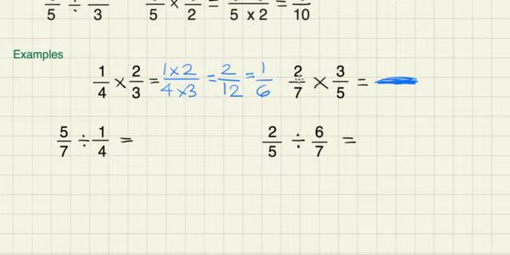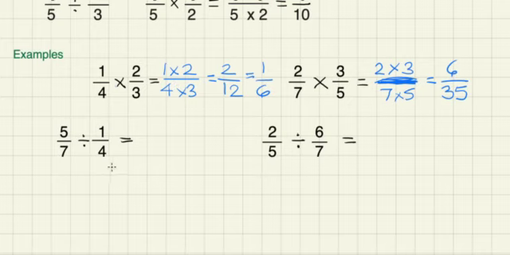So 2 times 3, and then 7 times 5. And then you multiply that together. So 2 times 3 is 6, and 7 5s are 35. So that would be your answer.